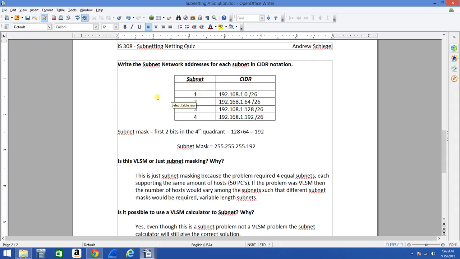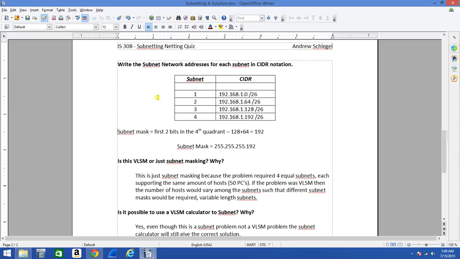So variable length subnet masking is where you have to take the block sizes like 128, 64, 32, and choose the block size you need to fit the amount of clients or devices that are going to be put on that particular subnet.